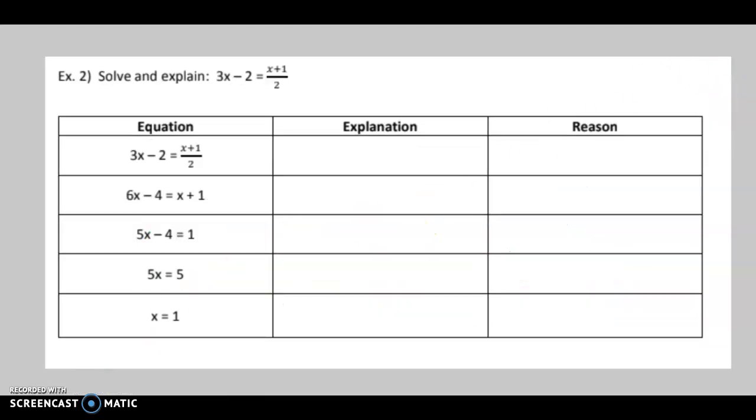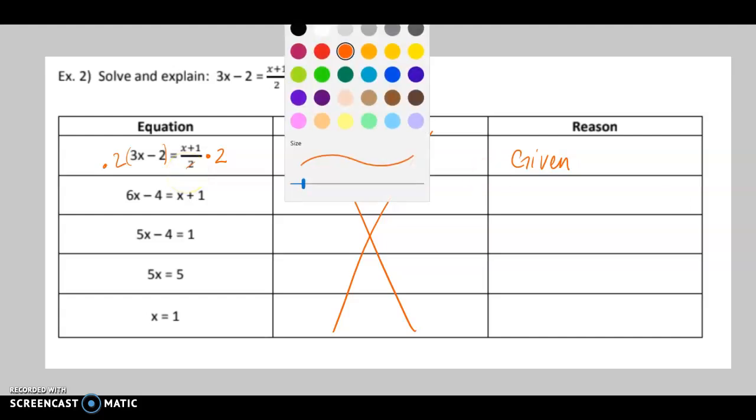So let's look at another one. I'm going to skip the explanation on this one. Just ignore it, because I'm verbally explaining. Okay, so the first thing you're doing is that you were given this equation. Then you are here. It looks like somebody multiplied by 2 on both sides to get rid of this 2, which we're allowed to do.